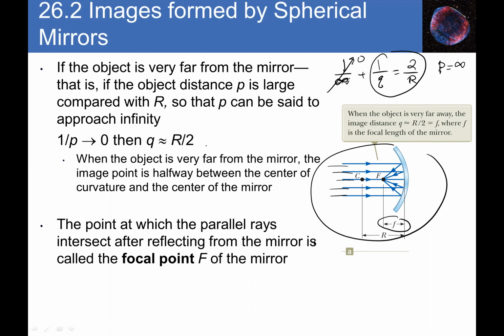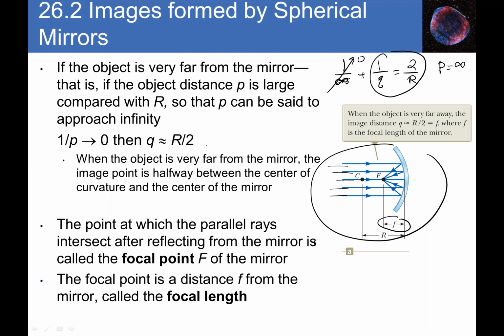The point at which the parallel rays intersect after reflecting from the mirror is called the focal point of the mirror, and the focal point is a distance f from the mirror, called the focal length. You can always use the focal length in some of these calculations.